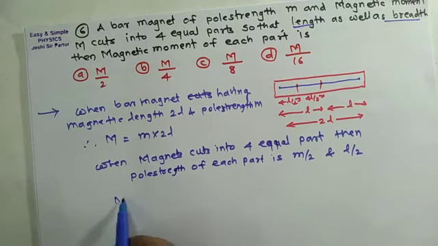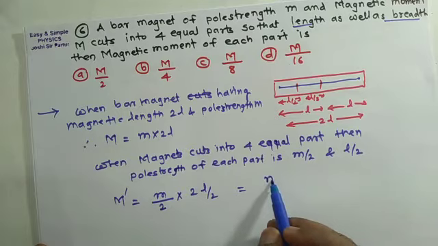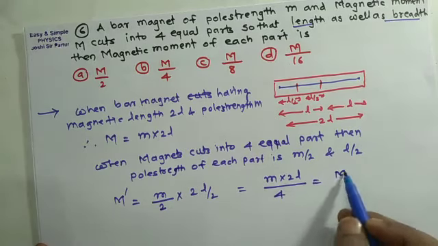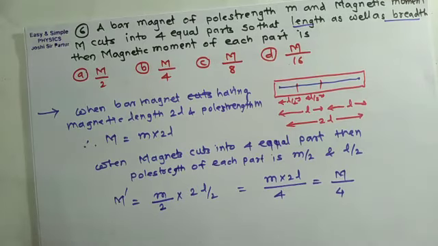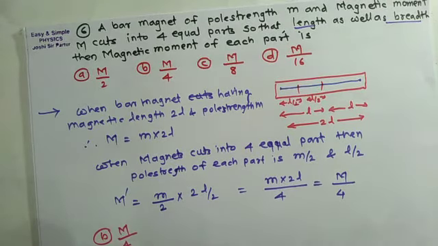So capital M dash is equal to small m upon 2 multiplied by 2 into L upon 2. What happened? M multiplied by 2L upon 4 will be M upon 4. So the magnetic moment is reduced by 4. So the answer is option B, M upon 4.